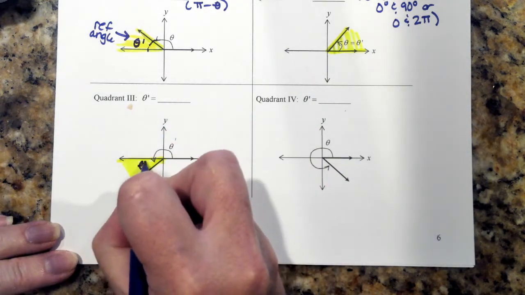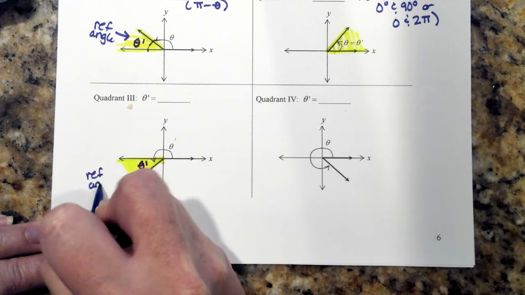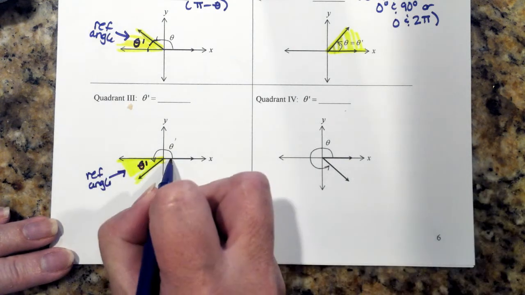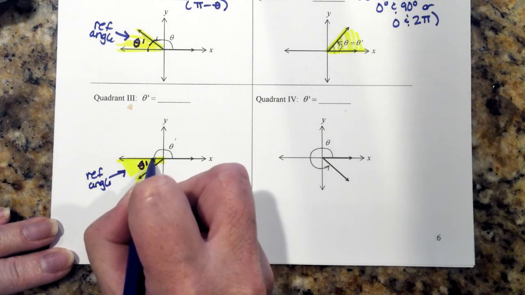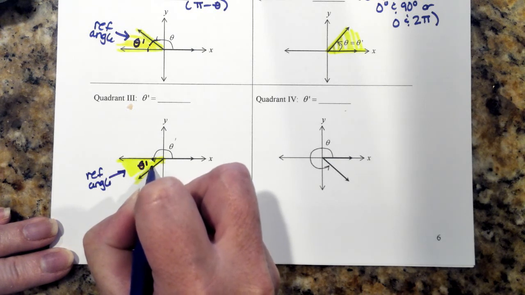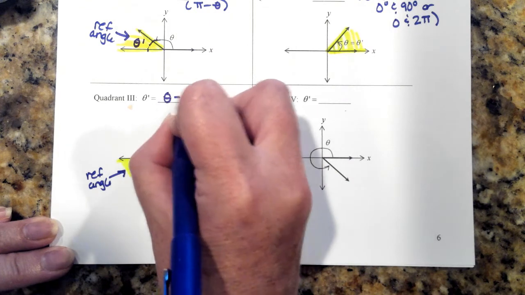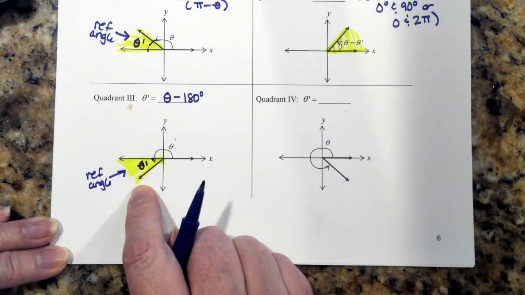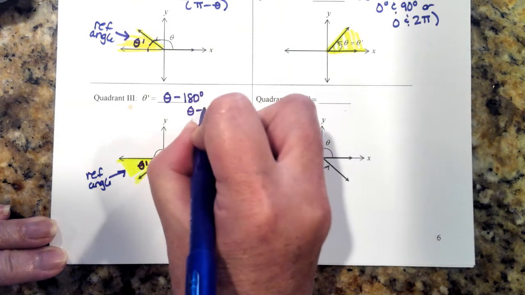When I go over to the negative x-axis, that's 180 degrees, but then I have to go an additional amount to get down to the full theta. So to find theta prime, I'm going to take theta and subtract out that 180 degrees to calculate this highlighted region. Or in radians, it would be theta minus pi.